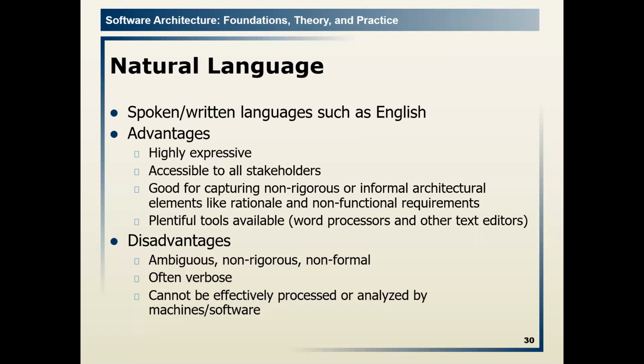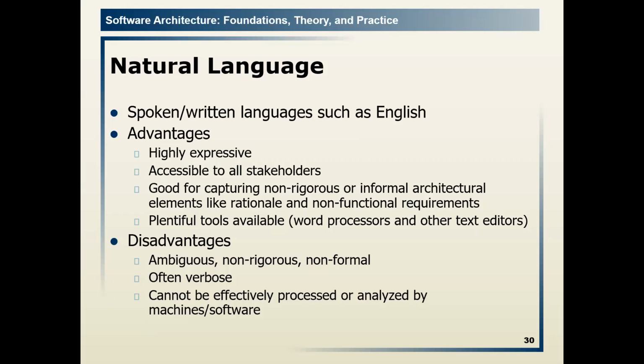So natural language here is English, and the advantages are it is highly expressive, because you can write anything you like, right? Any word in the English language you can use to describe your architecture. So it can be very rich because it just depends on the amount of words you know.